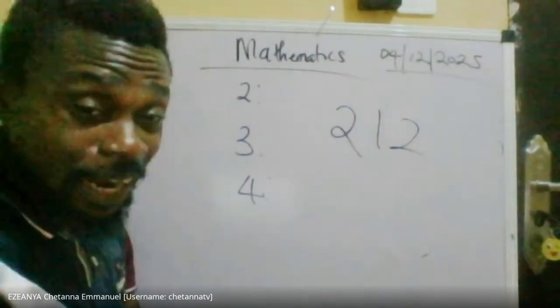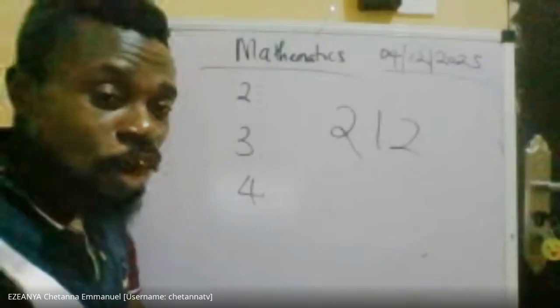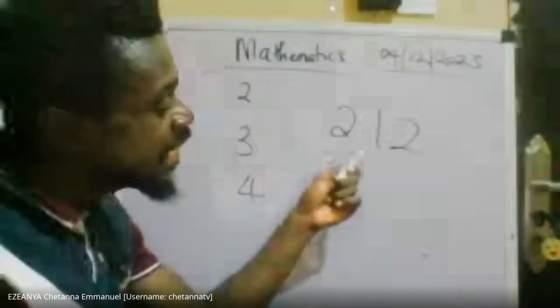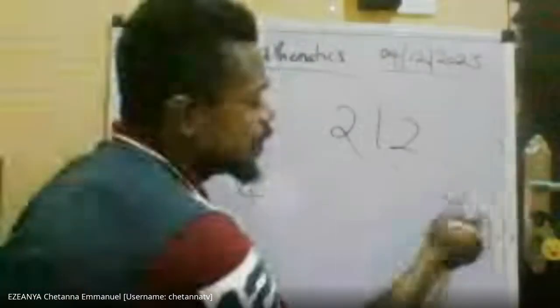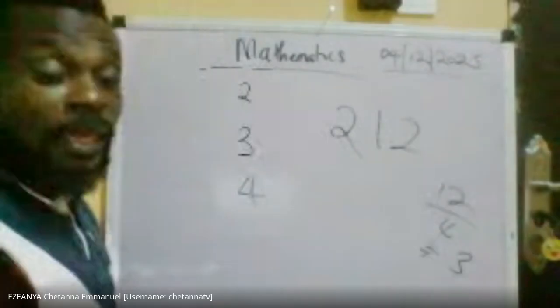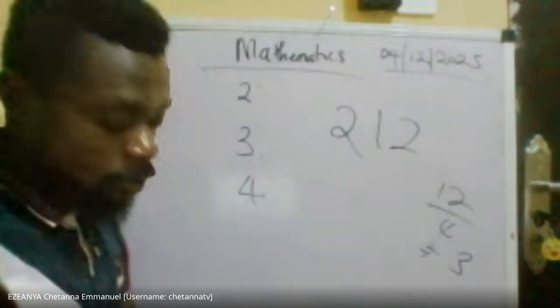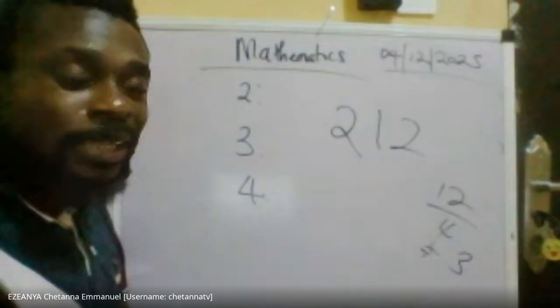Let's check whether this is true. The number formed by the last two digits of 212 is 12. Is 12 divisible by 4? Yes, 12 divided by 4 is 3. It's a rule, so we are testing it to be sure that it's true. Is 212 divisible by 4?